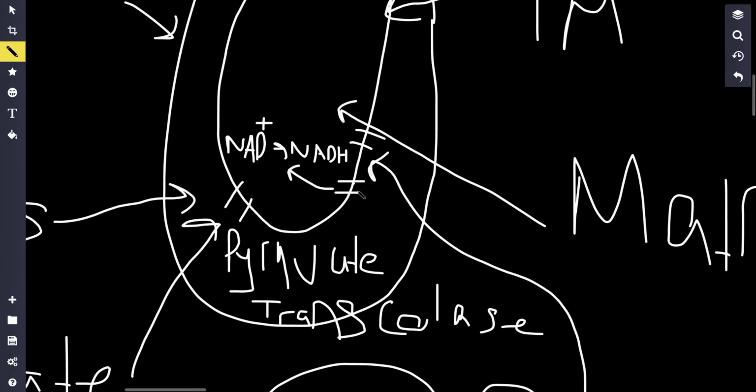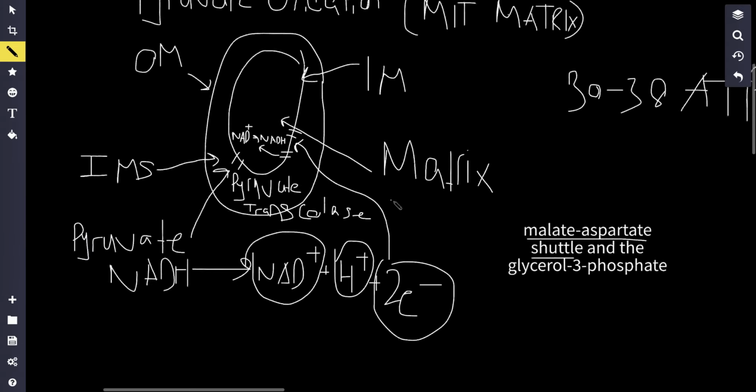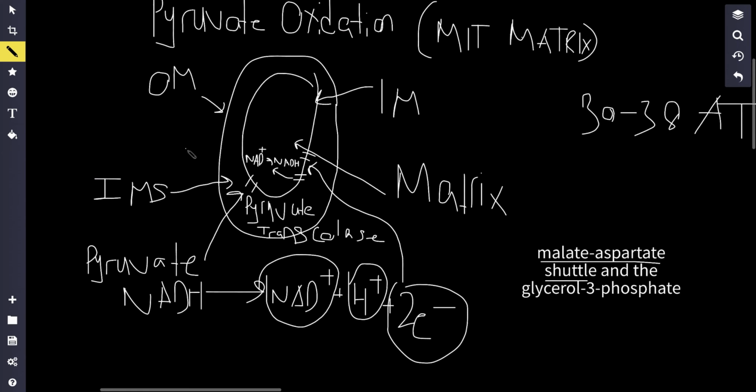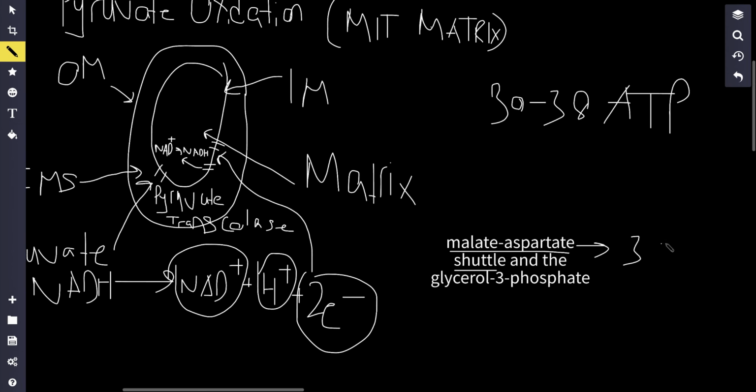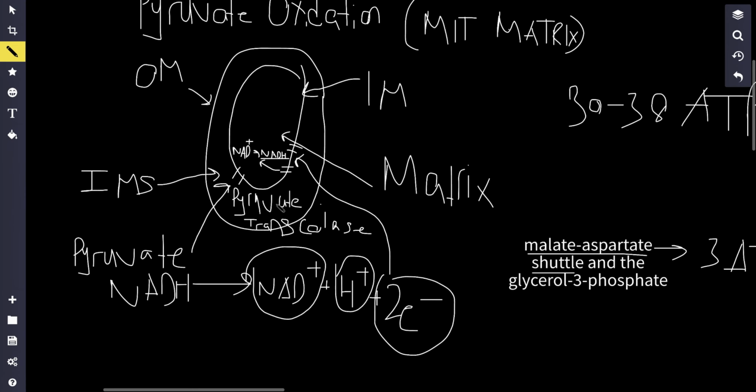So if you take the malate aspartate shuttle, that's essentially going to reduce NAD plus, because you're gaining electrons. NAD plus is going to gain these two electrons, as well as a hydrogen ion, and it's going to become NADH. When you use the malate aspartate shuttle, this is going to yield around 3 ATP for every NADH that's inside the mitochondrial matrix.